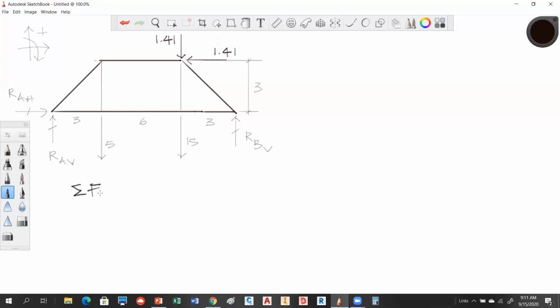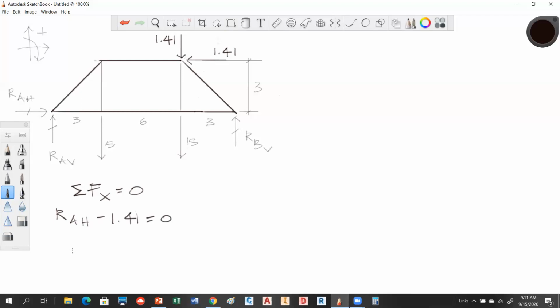So sum of forces in X, and remember, in the X direction, if it's to the right, it's positive. So we have RAH, and that was the way I modeled it, so I'm saying it's going to the right. These are all vertical forces, so the only thing we have there is the negative 1.41, and all that has to equal 0.